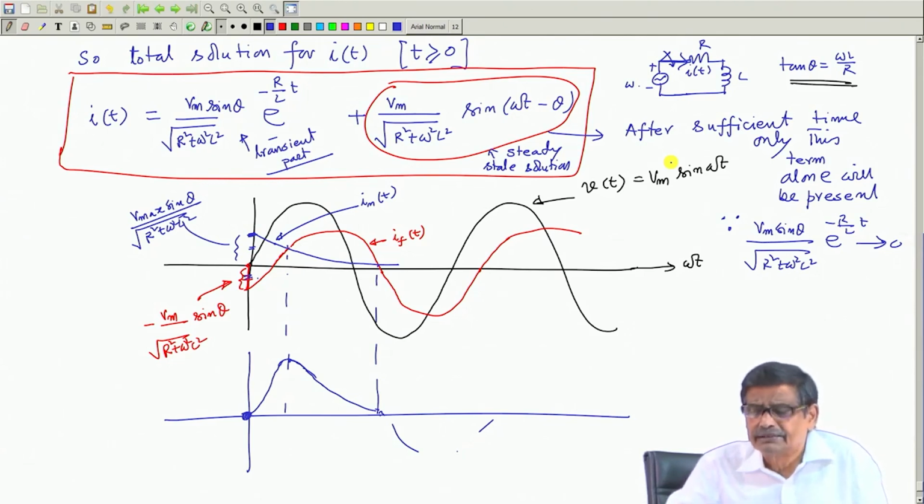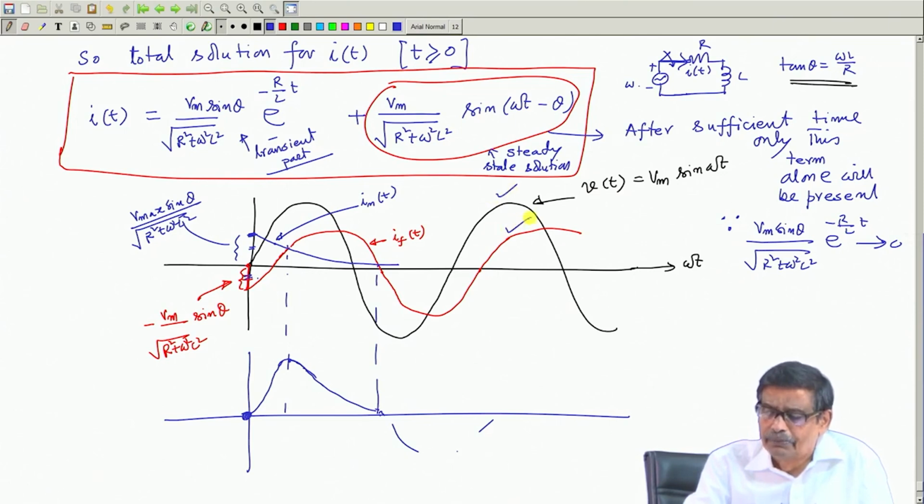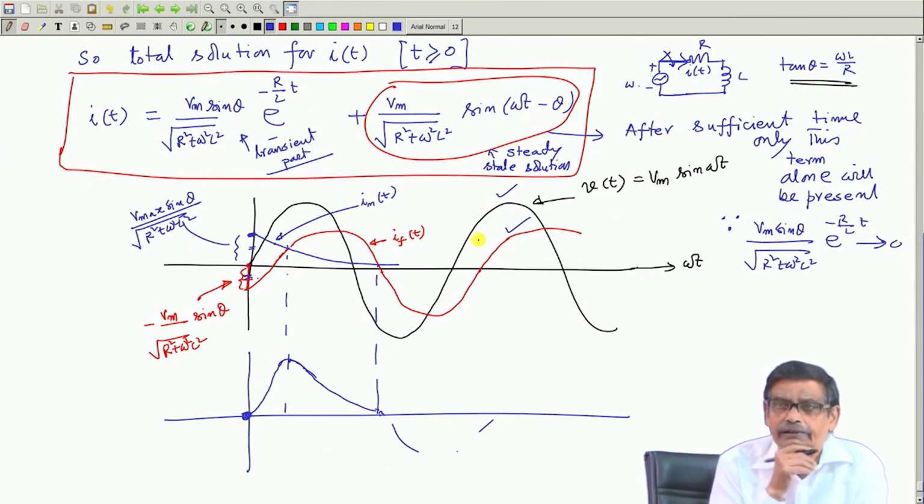RL values are such that the time constant will be of the order of some few milliseconds, maybe 3 cycles, that is 60 millisecond, maybe if it is very inductive. But after that 60 millisecond, only this fellow and this fellow will be present. Who bothers? That transient was there when you switched on the circuit.